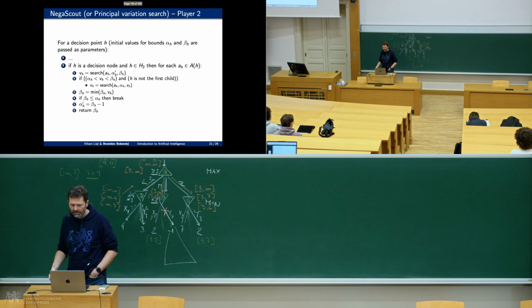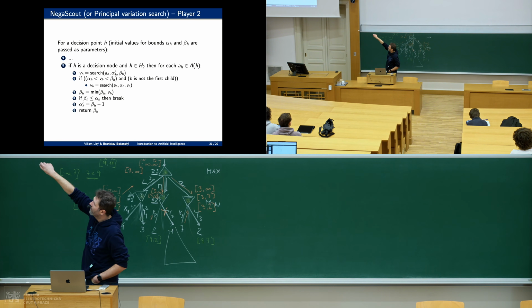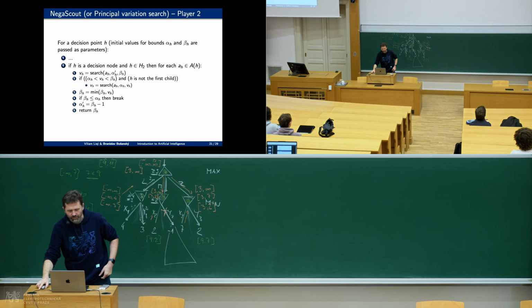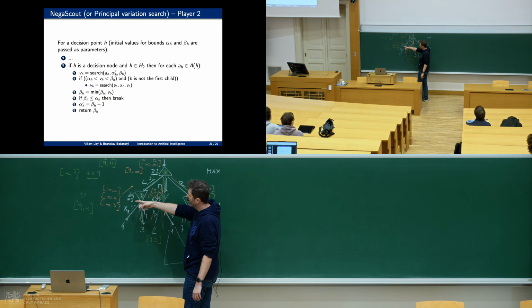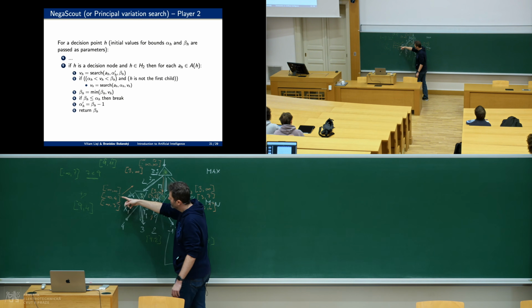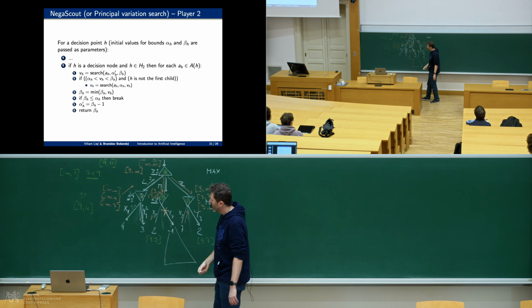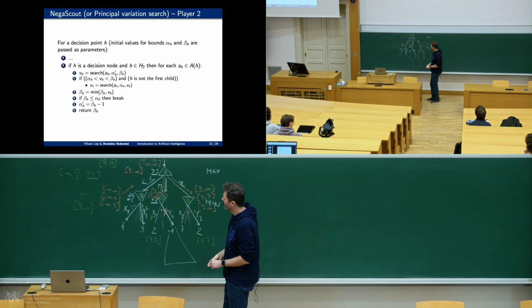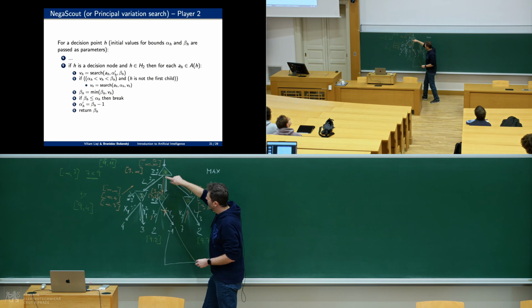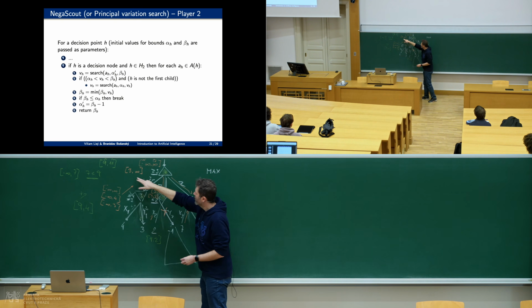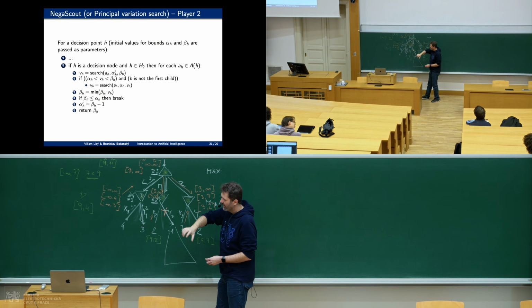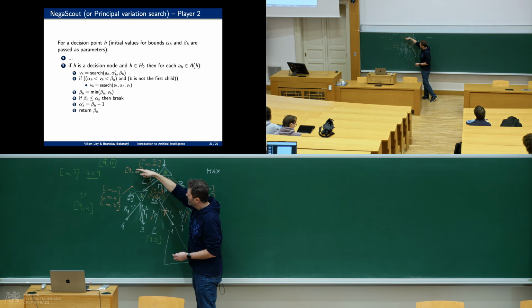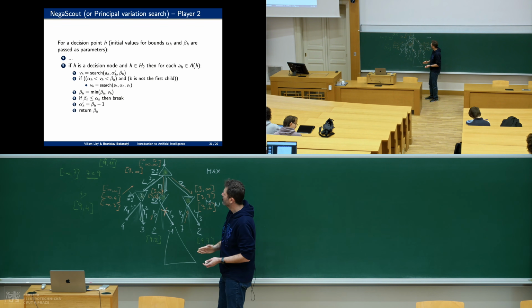For the second player, this is very similar. The main difference is that for the second player, we are updating the lower bound. Basically, for each player we are artificially modifying the bound that is not being updated by regular search. For the maximizing player, when we explore different options, we are modifying the lower bound, so to make the interval artificially smaller, we modify the upper bound, because the lower bound is basically the best value that we have found so far.